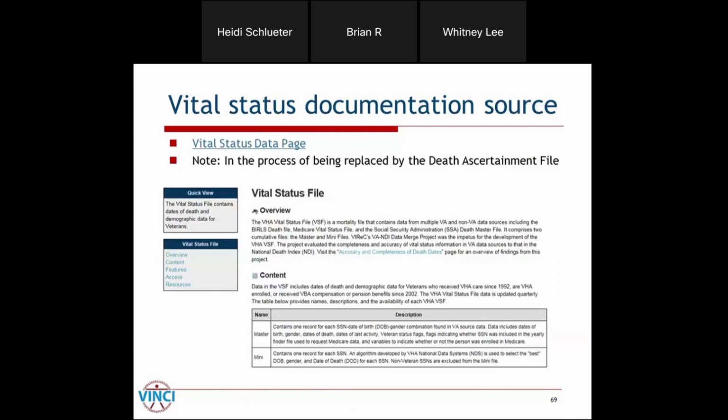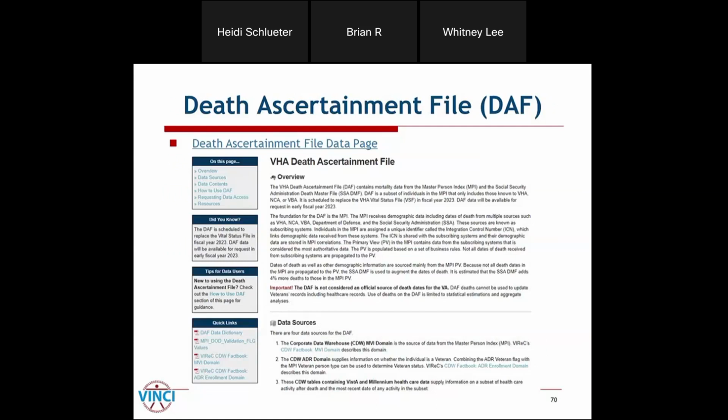And note here that the vital status is actually in the process of being replaced by the death ascertainment file. The death ascertainment file, or DAF, I link the documentation here, and you can see the screenshot. As you can see, it's in the process of replacing the vital status information.